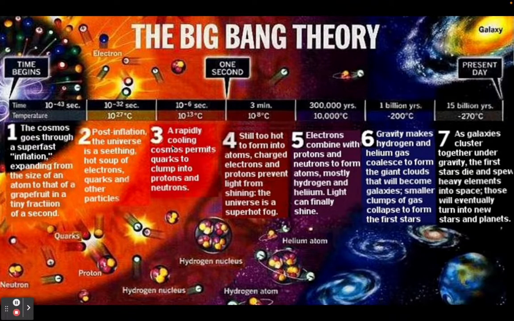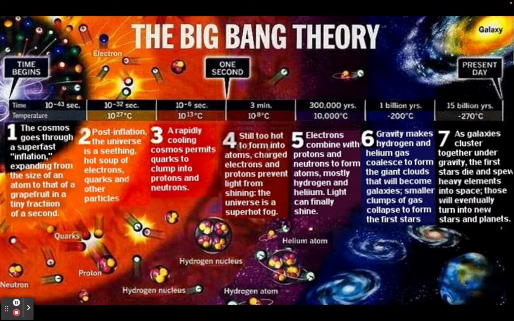The third stage is the rapidly cooling stage. You rapidly cool the cosmos, and this permits quarks to clump into protons and neutrons. So you get proton and neutron formation here. And then the fourth stage, this is again 3 minutes after. You still have a hot mess here.